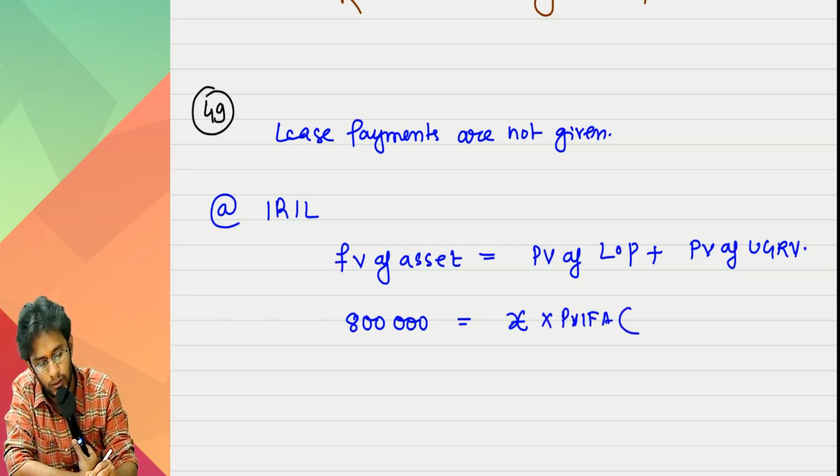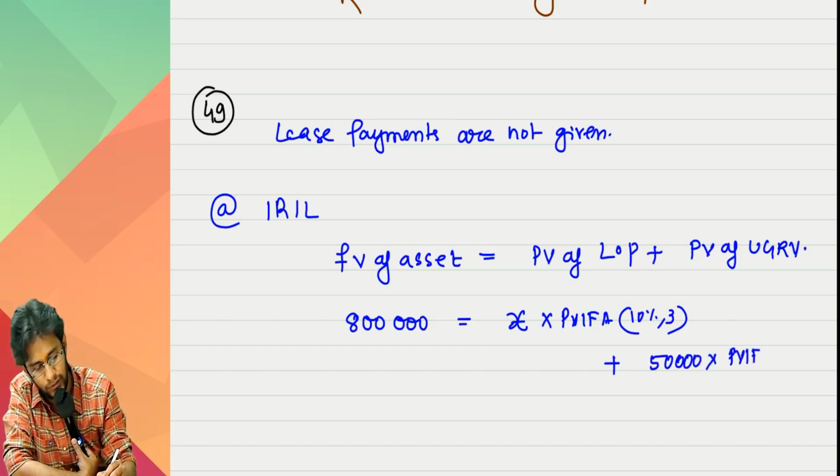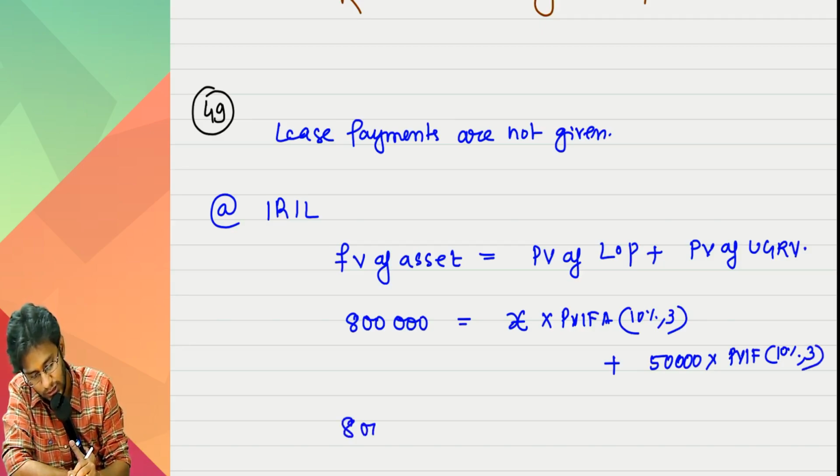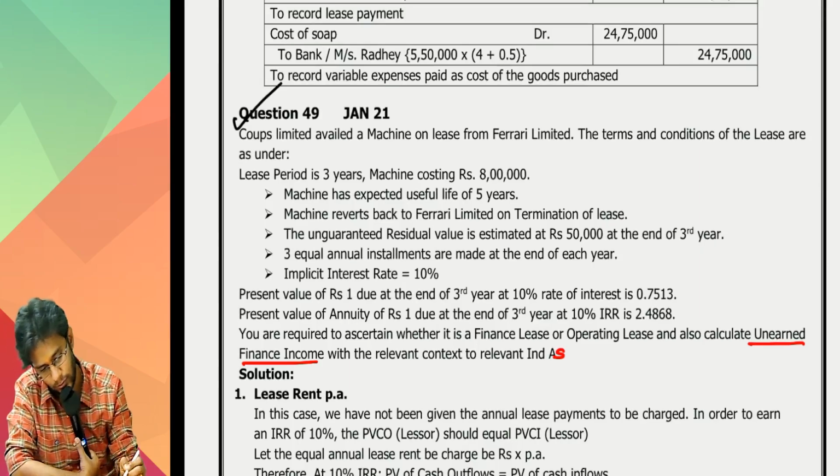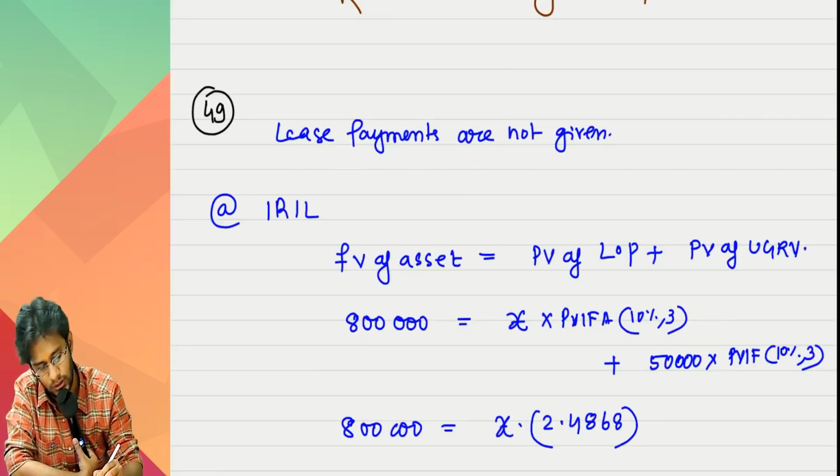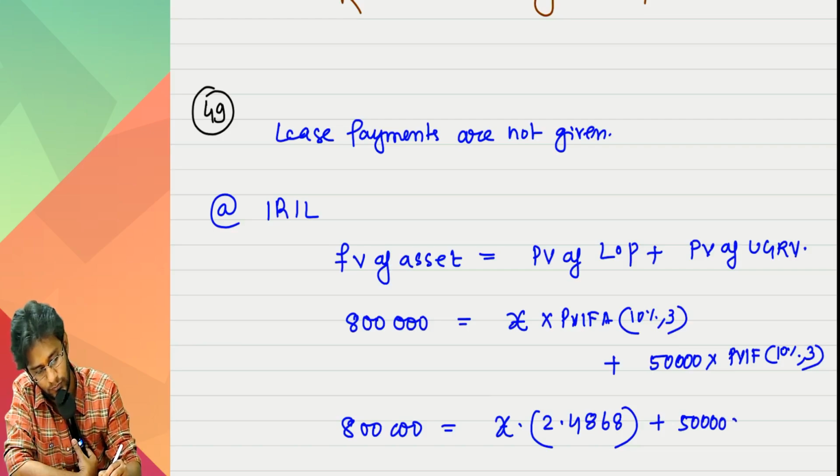What is the IRIL given? 10% for a 3 year period, plus the UGRV value, 50,000, into PV factor. It is not an annuity cash flow, third year. So 8 lakhs is equal to X into 2.48685, but he gave you 2.4868 only. That's okay. Plus 50,000 into 0.7513.